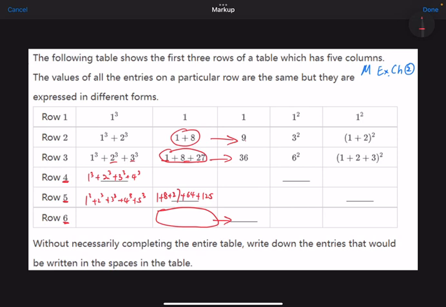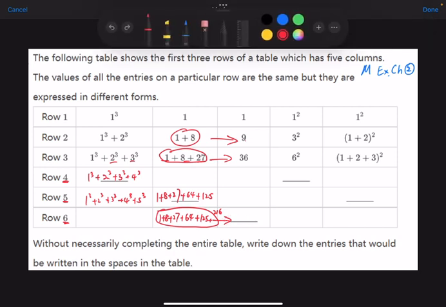So we have 1 plus 8 plus 27 plus 64 plus 125 plus 6 cubed, which is 216. Hang on, just let me check. Yeah, 216, and then we find the sum. Or there's an easier way to get the sum, instead of finding the sum of the second column.